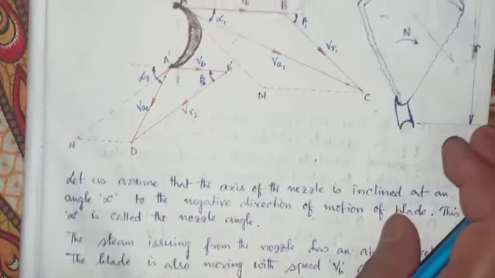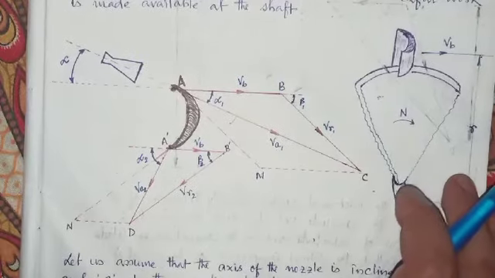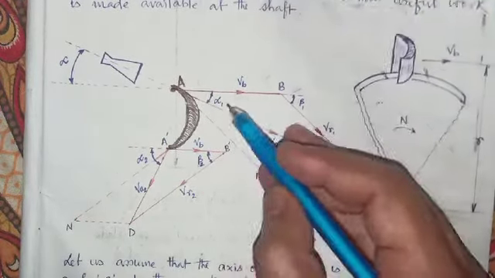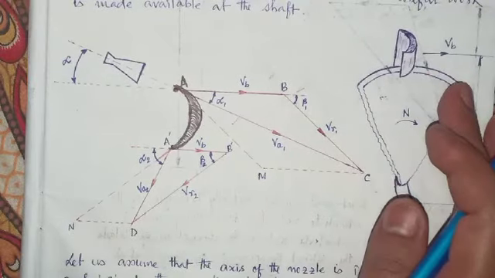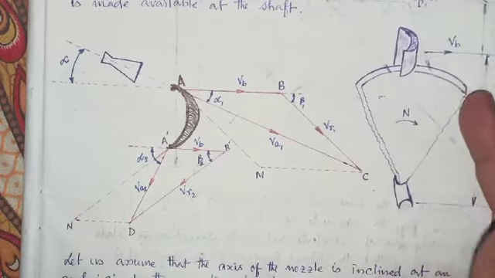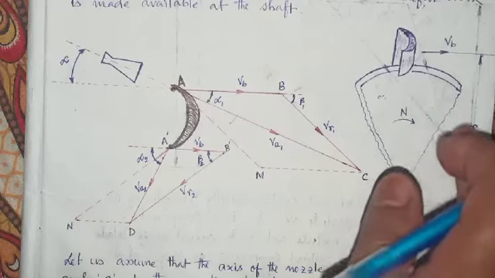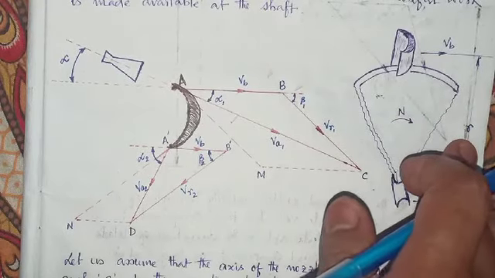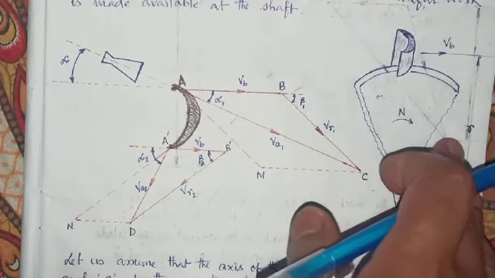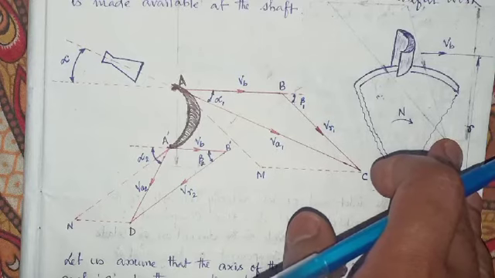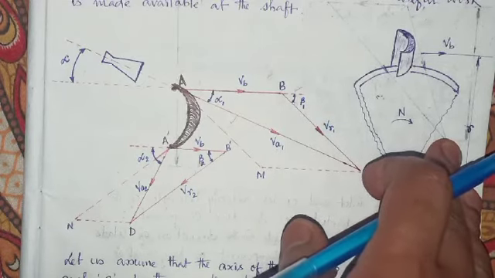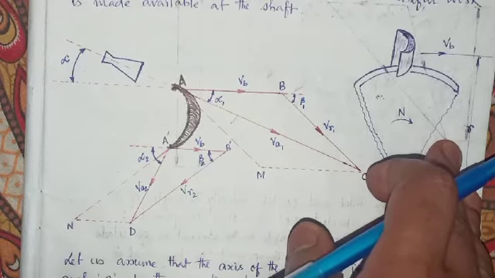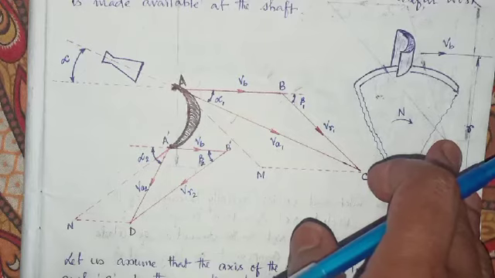The steam issuing from the nozzle has an absolute velocity, meaning the velocity of the jet itself. Whenever the velocity of any object is considered with respect to another object, that velocity is known as the relative velocity. Later I will tell you the relative velocity of the jet.